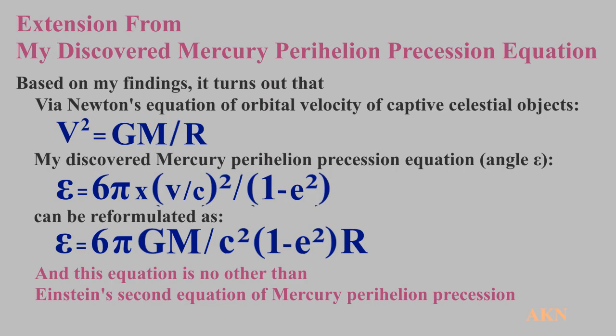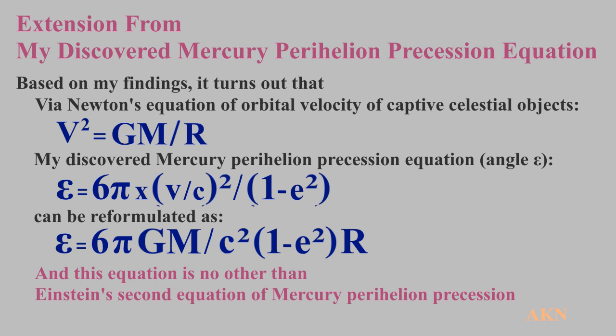Also, by using Newton's equation of orbital velocity of captive celestial objects, v squared equals Gm over r, to replace the term v over c squared, my discovered equation can be reformulated into a new equation that includes the gravitational energy potential of the captor celestial object, Gm over c squared, as shown here.